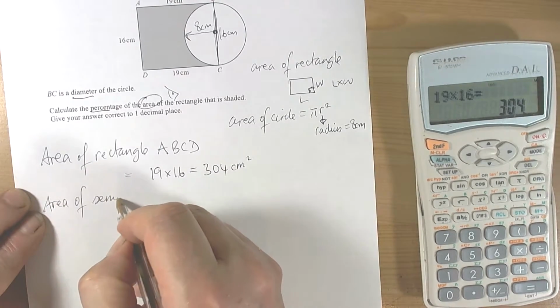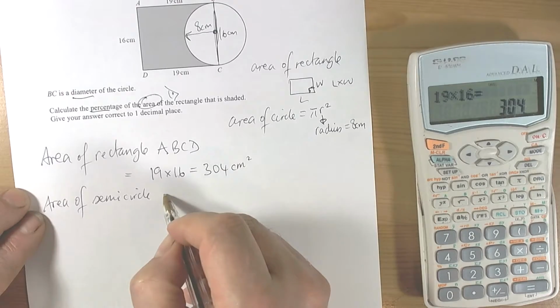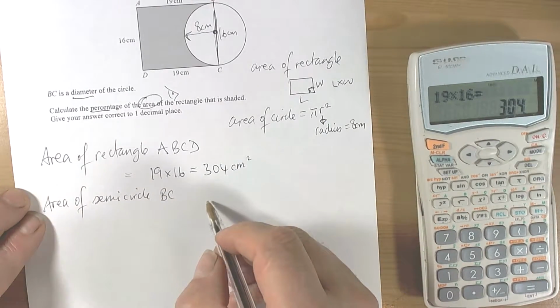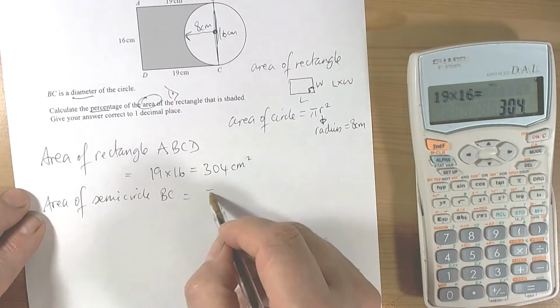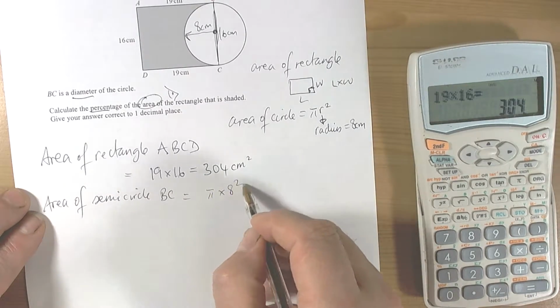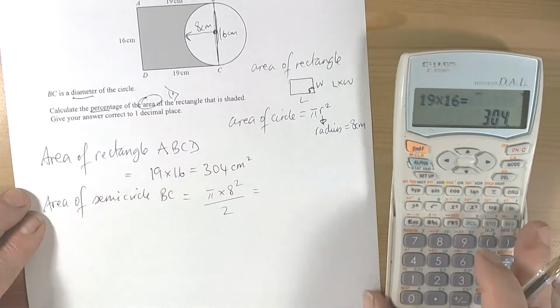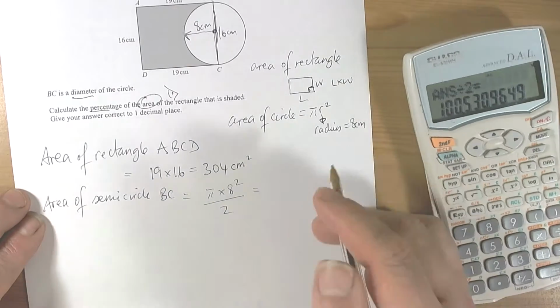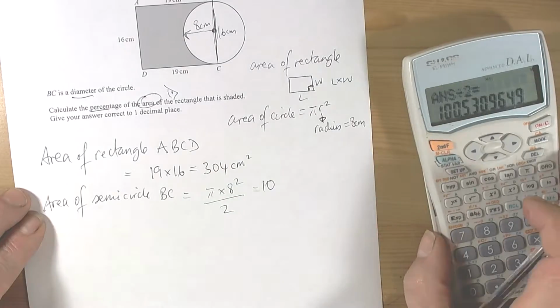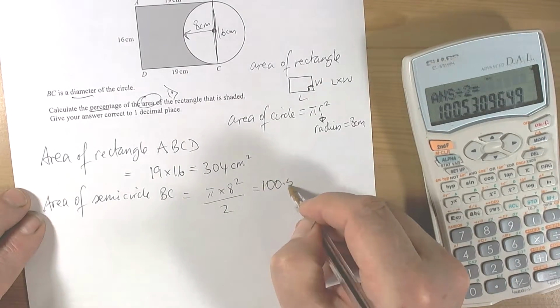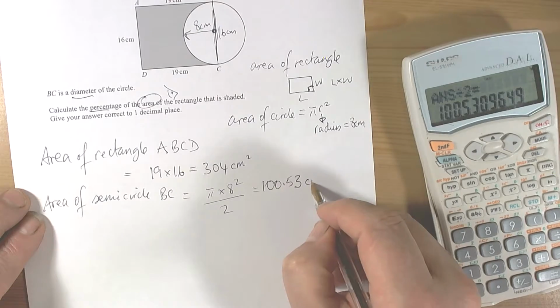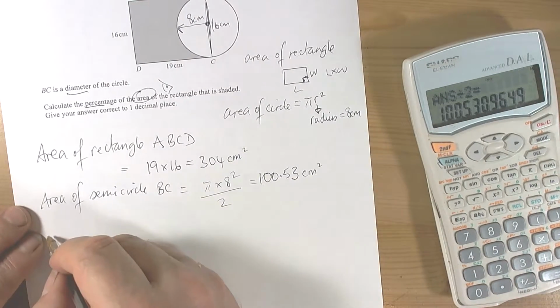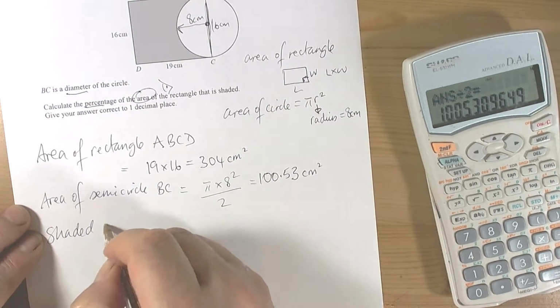Area of semicircle BC is equal to pi times the radius squared divided by 2. So pi times 8 squared divided by 2. So 100.53 square centimetres.